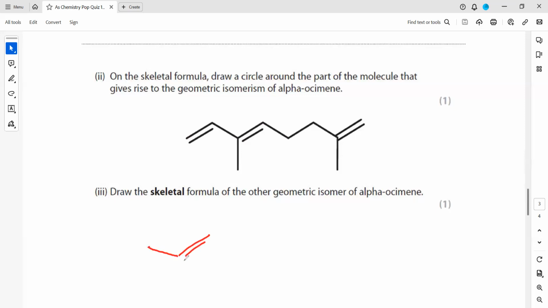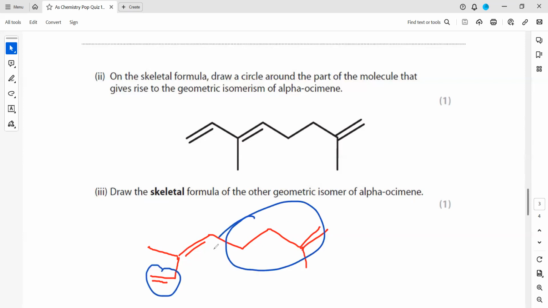So one carbon is there and down is two carbon atoms with the double bond. And then I will draw the same structure. So this is also, as you can see, the heavy groups with reference to the carbon-carbon double bond are on the same side. So that will also become cis.